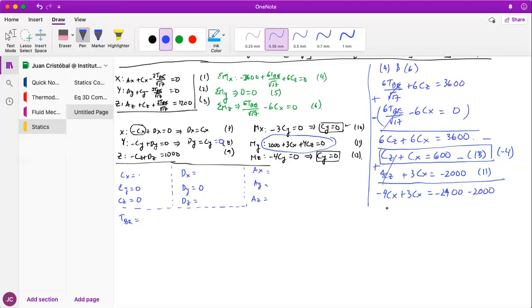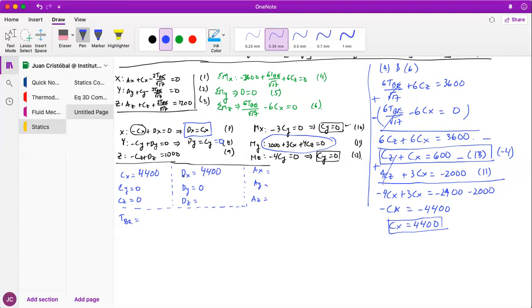So what I have here is that minus cx equals to minus 400. Therefore, cx equals to 400 positive. Well, maybe after that, I already can do this for dx. So it's the same stuff, okay?